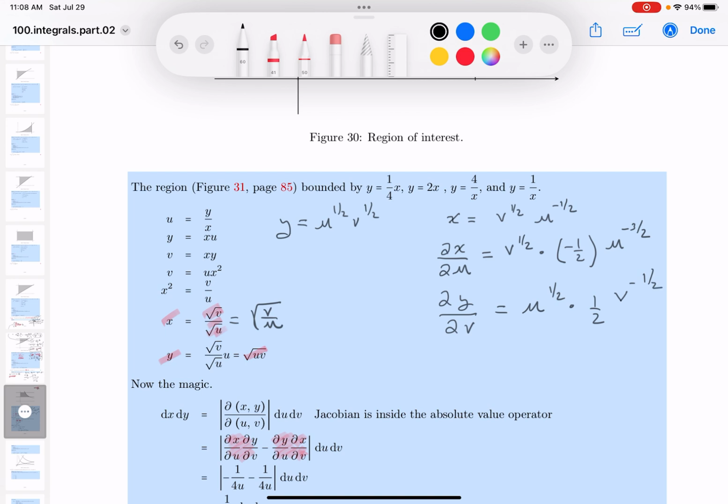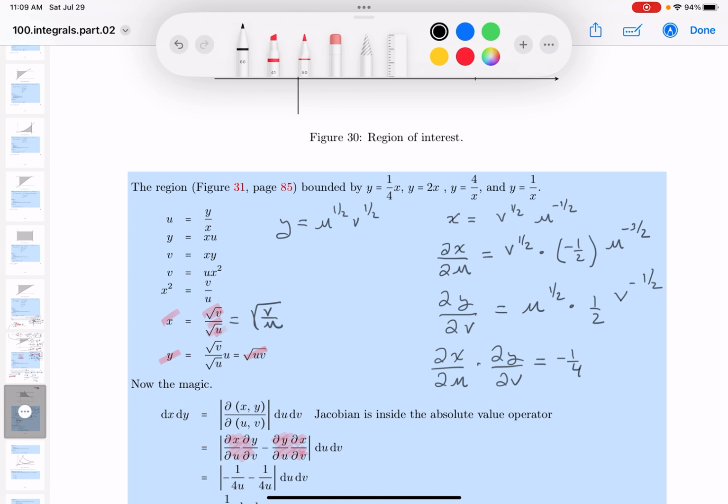All right? And what do I got to do there? I got to do the product now. So the partial of x over the partial of u times the partial of y over the partial of v. Let's see if we can do that. So I get a quarter. I should say I get minus a quarter.